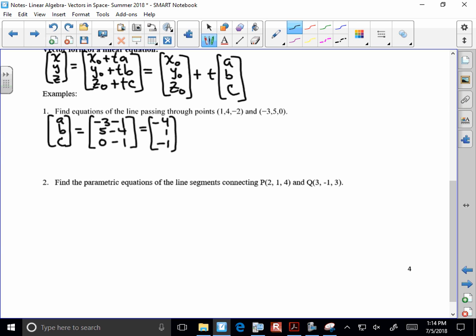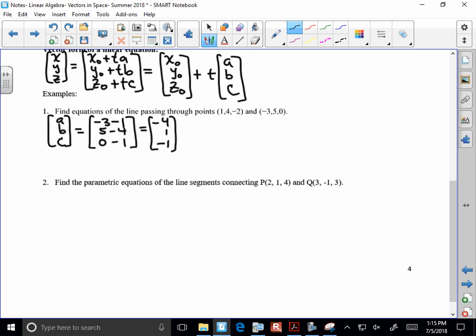Because I'm establishing that this is my start, think in terms of your slope formula, x2 minus x1, it's the same idea here. This is really forcing this to be your x sub o, y sub o, z sub o, because based on these changes from that, you should end up with an equation that when you plug in a 1, for example, it should give you the second coordinate based on your first coordinate.